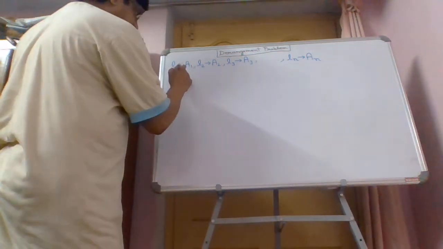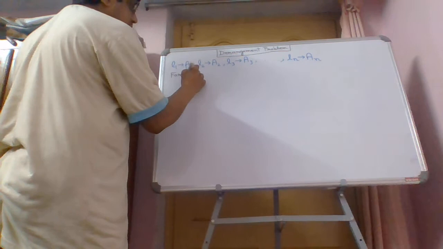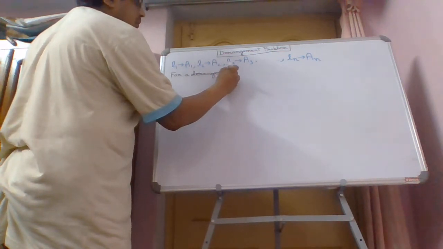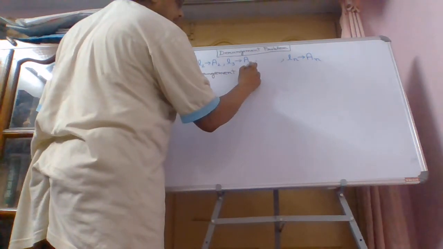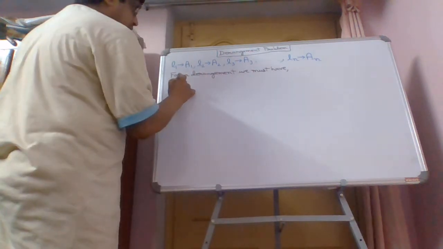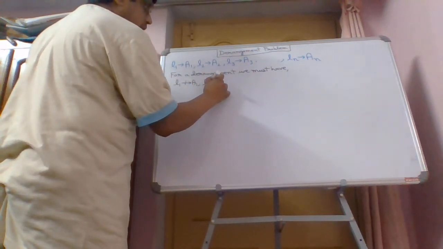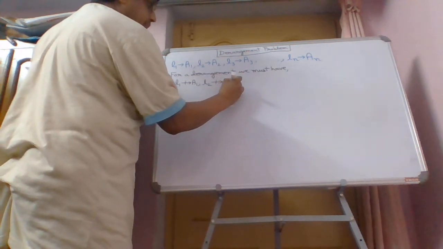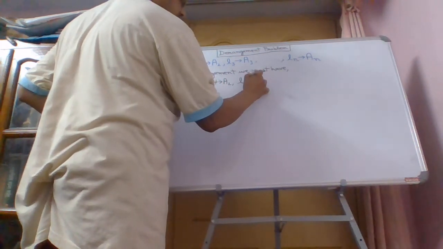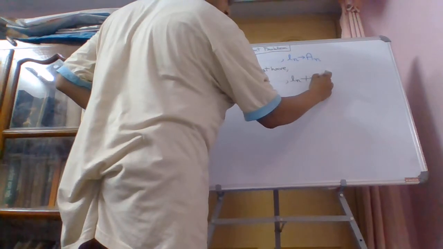That means, for a derangement, we must have L1 does not reach address A1, L2 does not reach address A2, L3 does not reach address A3, and finally Ln does not reach address An.